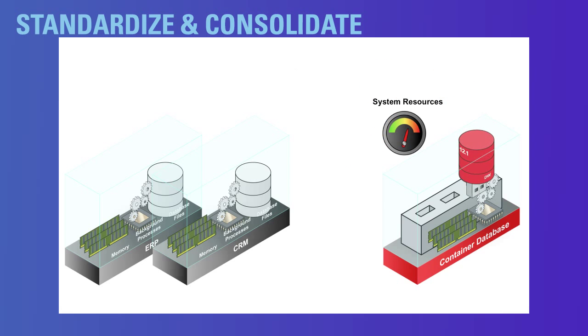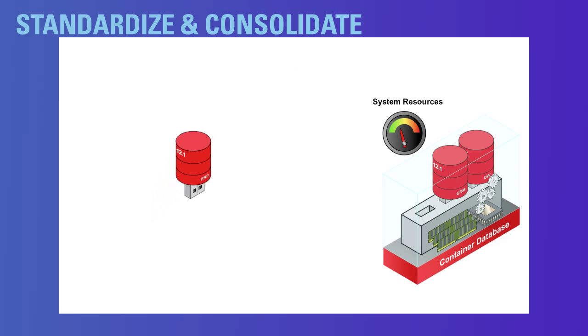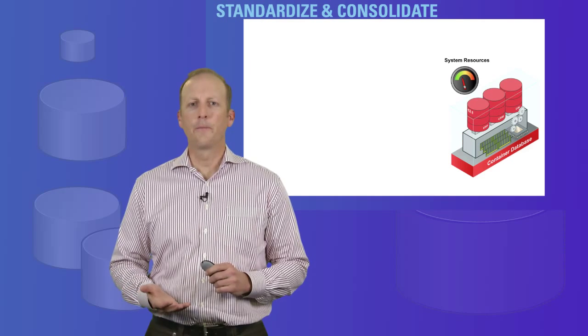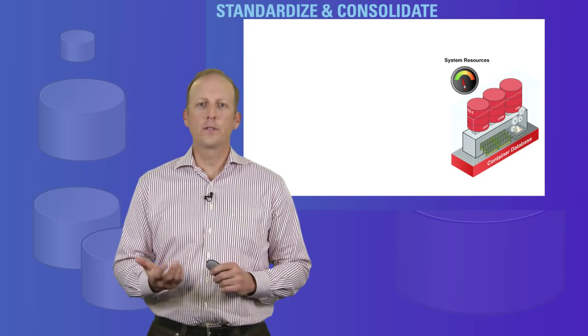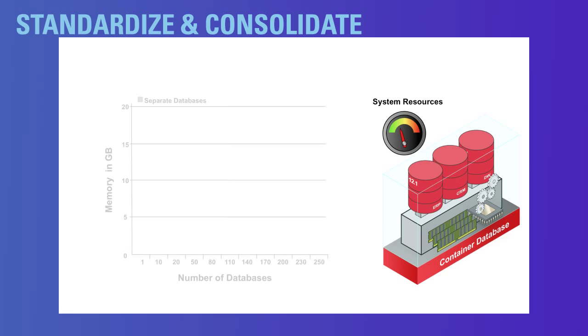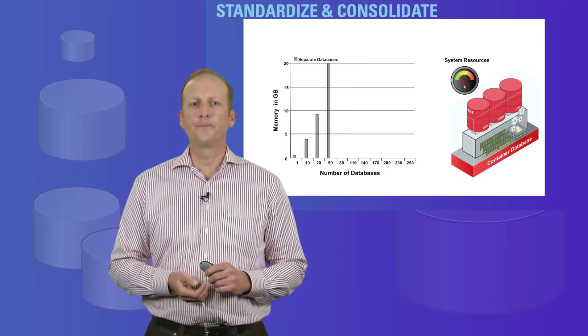So by setting up a container database, you can now take all of these databases and bring them into one container. So all 3 of these applications now are using one set of resources. So what are the benefits there? We've actually done a test where, taking 20 gigabytes of memory, how much consolidation could you do outside of a container database? You'll see by looking at the chart that after about 50 databases, we maxed out the memory.